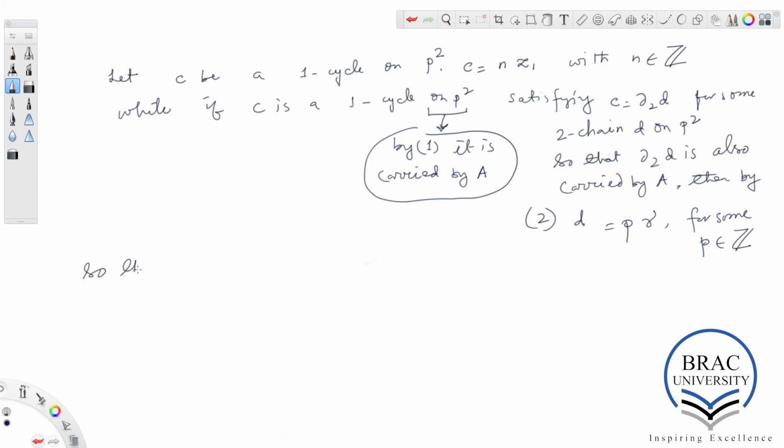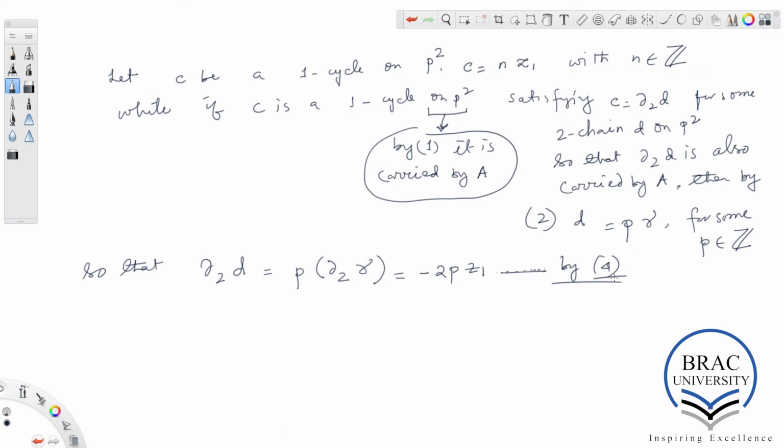So that one obtains del 2D is equal to P times del 2 gamma, right? And we have seen a while ago that del 2 gamma is minus 2 Z1, so that we have minus 2P Z1. This is del 2D by 4.